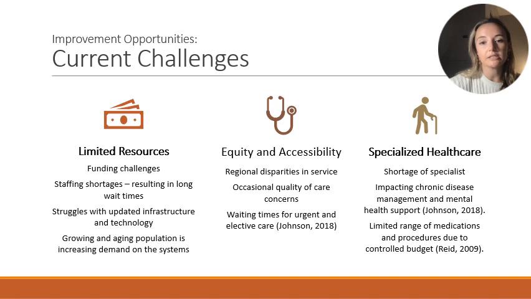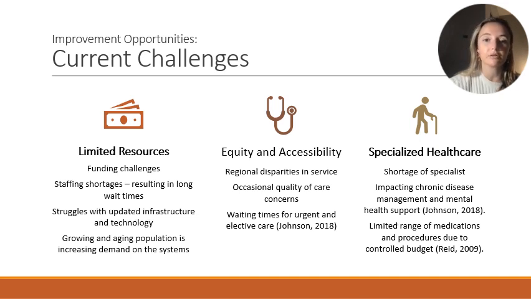Although the NHS aims to provide universal healthcare to all, there can still be accessibility issues. Much like other healthcare systems, there are regional disparities that occasionally impact the quality of care. There also tend to be longer waiting times, which may disproportionately affect certain groups and cultures.